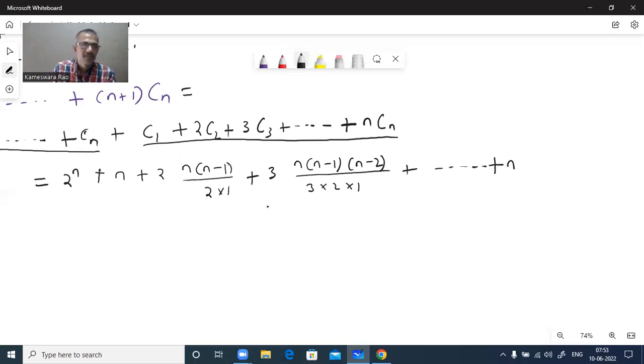Now what else can we do? In all the terms you are seeing n is common, so I will take n common. What happens, we'll see. If you take n common, the 1 here, the entire term, this 2 can be cancelled. So n also went away, n minus 1 is there.